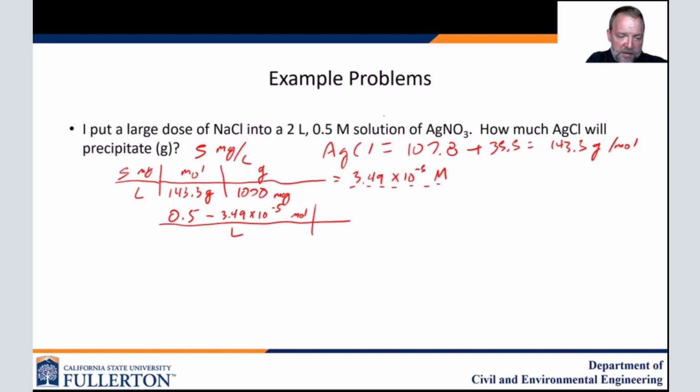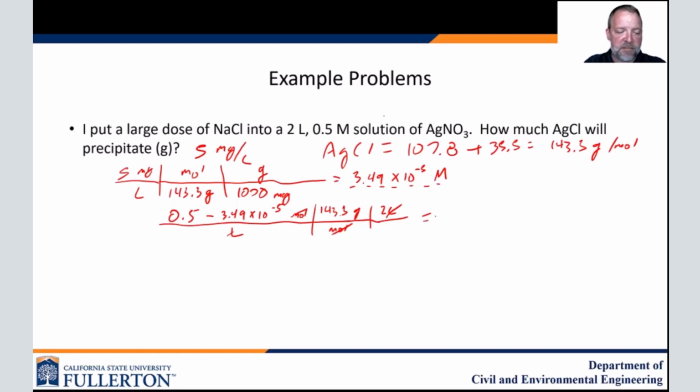And so we can say that our moles per liter, multiply that times 143.3 grams per mole of silver chloride, and then multiply that times 2 liters. And so moles cancels, liters cancels, and we're left with just grams, which is what we're looking for. And because the solubility is so low, essentially everything comes out of solution.